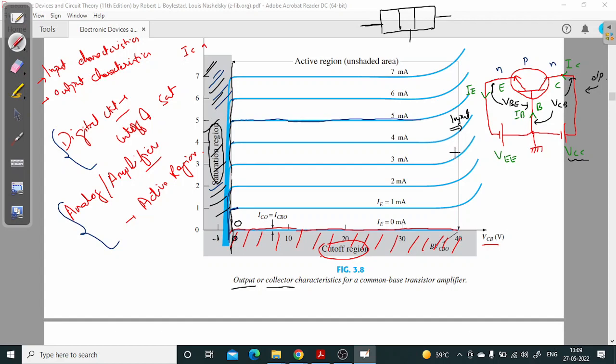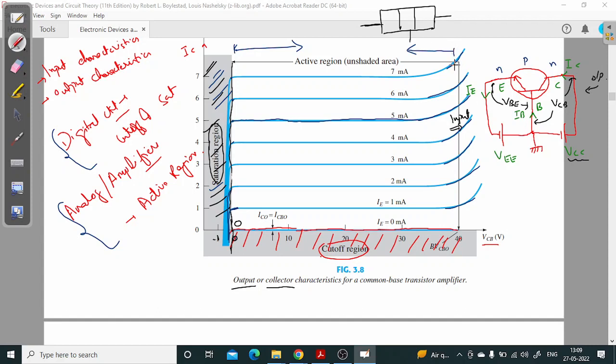And this is a practical device, we know that it will have its limitations. So after a certain value, all these curves start going up. Okay, so there we decide that this is the boundary, these are the limits, so we should operate our device before this point, that is, in this region. If we want to utilize the active region, it should be between this point and this point.